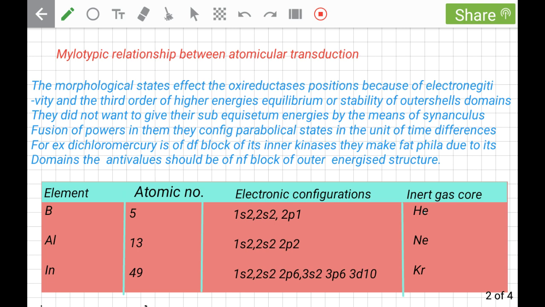They constitute the oxidative values by combinatoric values. They make a volumetrics in them by conferring the electron shares of core. So here is the fusion of intermolecular energies with the parabolical states in the innermost membranes.